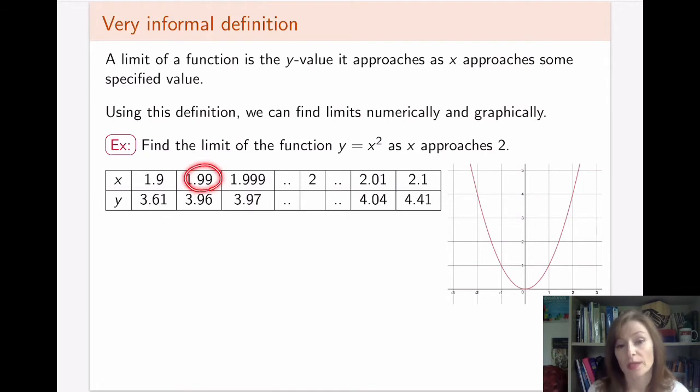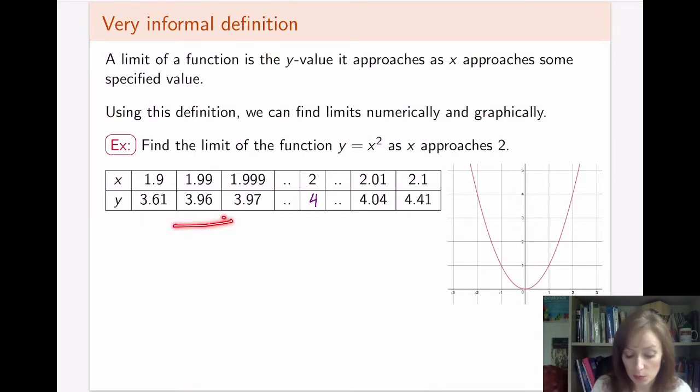When x is 1.99, so even closer to 2, y is 3.96. When x is even closer to 2, 1.999, the y value is 3.99. Of course you can continue doing this for a while, same on the other side, but we can clearly see the trend, and that is that as x approaches 2, y approaches 4.